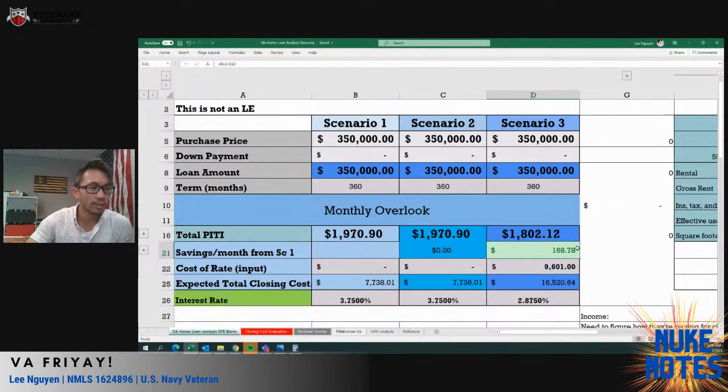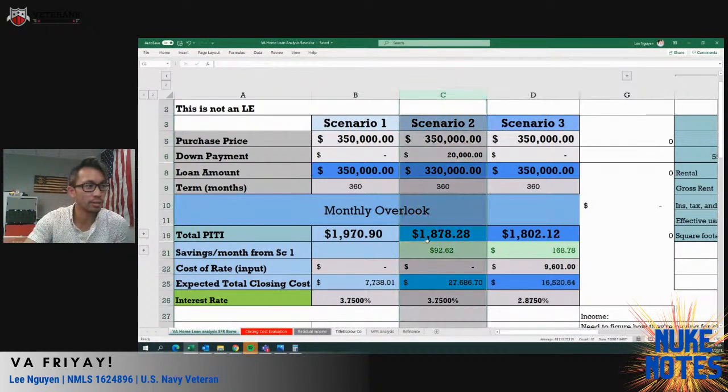Now let's compare what it takes of a down payment to bring it down. If I bring in $20,000 as a down payment, it only brings it down by almost $93. You guys notice the comparison, $100 here versus about $169 at 2.875.